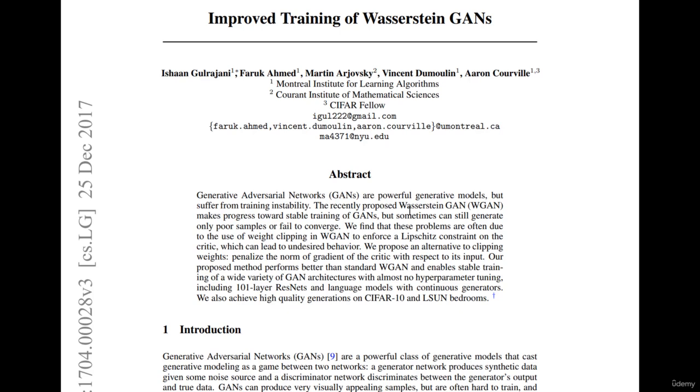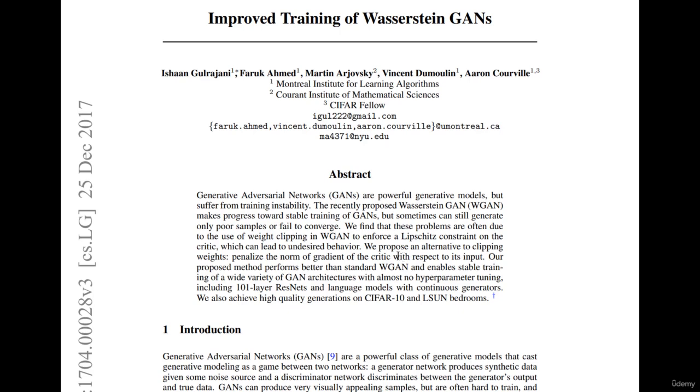The recently proposed WGAN, which is what we've just seen, makes progress toward stable training of GANs, but sometimes can still generate only poor samples or fail to converge. The authors find that these problems are often due to the use of weight clipping in the WGAN to enforce a Lipschitz constraint on the critic, which can lead to undesired behavior.